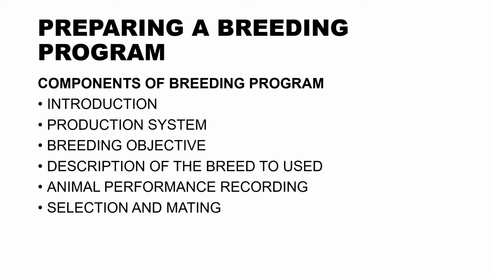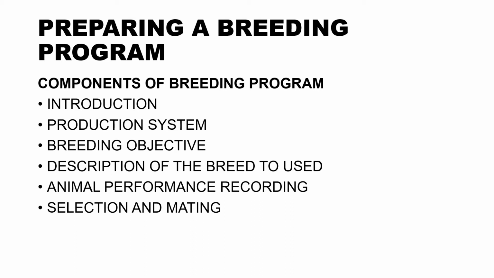And then animal performance recording. So dito, i-state mo kung paano mo i-record yung performance ng mga progeny, yung mga animals mo. So dito i-record mo, baka pag sa growing to finishing operation ka, then dapat yung i-record mo is yung average daily gain niya, feed conversion efficiency, feed conversion ratio, mga ganon.